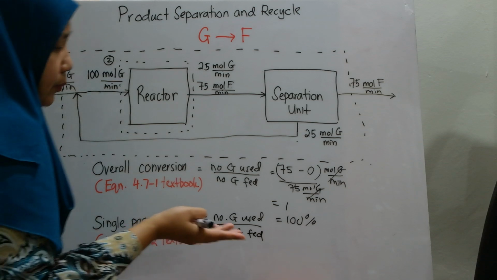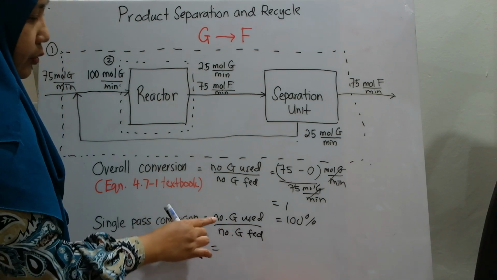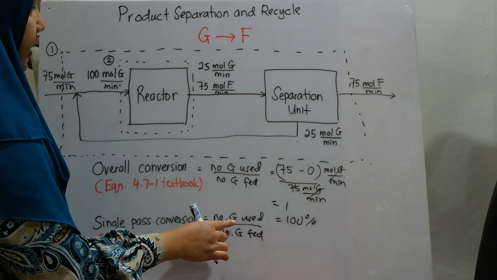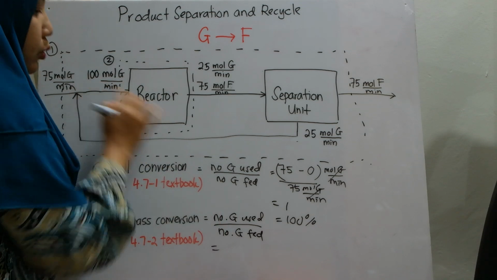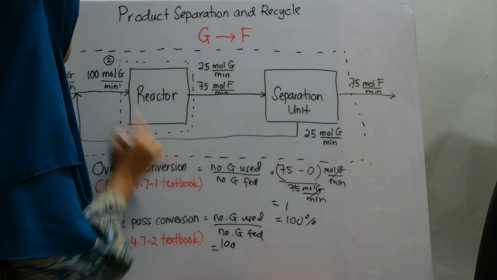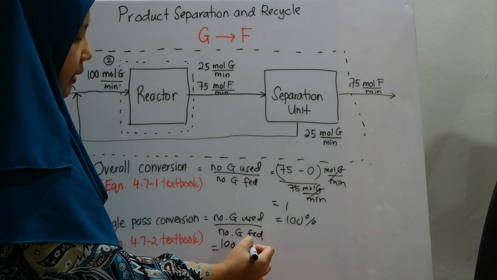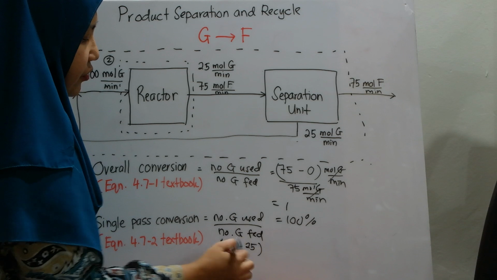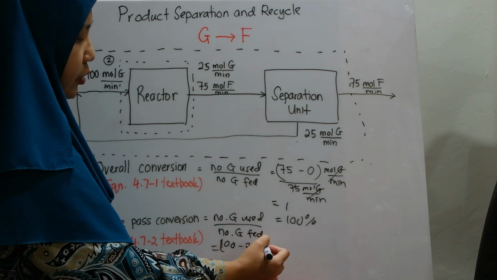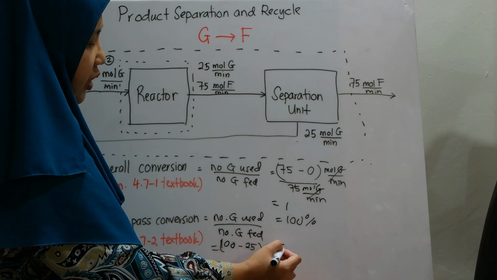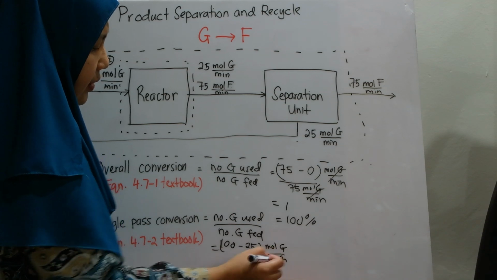We know 100 mole per minute of G goes in, and we have a balance of 25 mole of G, so 100 minus 25 gives the moles of G used.